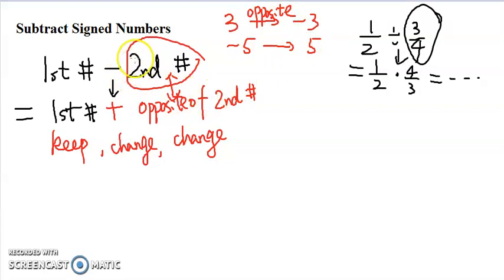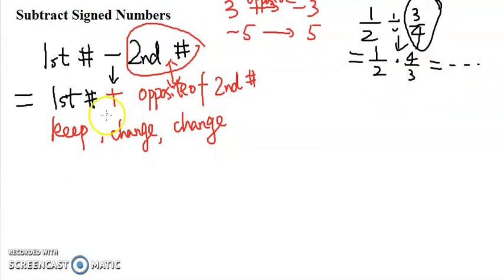Which means if the second number is positive, you're going to change it to negative. If the second number is negative, you're going to change it to positive. So that's the rule. Pretty much we are going to change a subtraction question to an addition question.